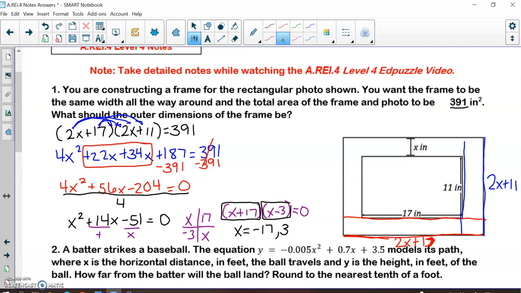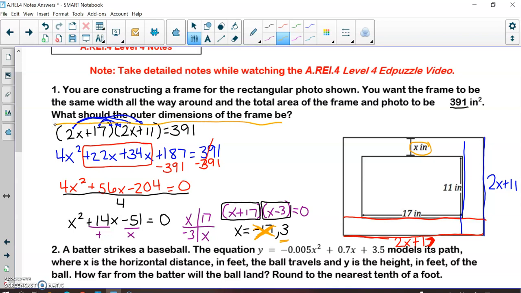Now, since we're dealing with a word problem, we need to go back and determine which x value can be true. x is the width of a frame. A width of a frame cannot be negative. You cannot have a negative length. So x must be 3, and they are asking for the outer dimensions of the frame.